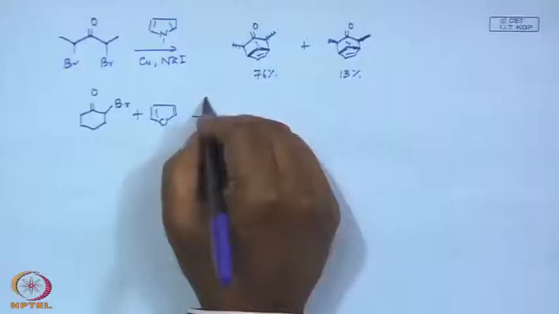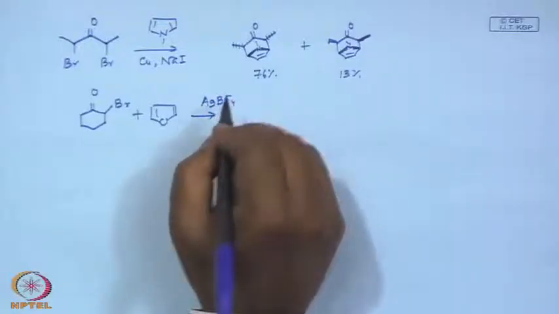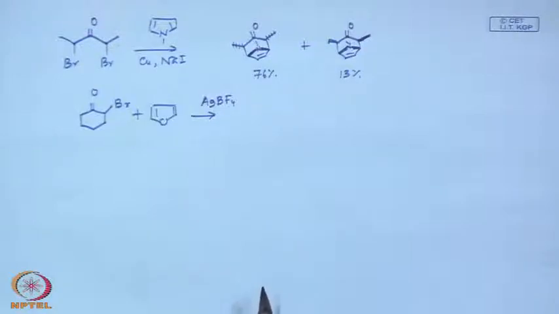See, normally formation of a carbocation adjacent to a carbonyl group is a little tough. So, how do you do it? You have to have a halophilic reagent, and what is the halophilic reagent? Silver. So, in this example people have used silver tetrafluoroborate, fine.